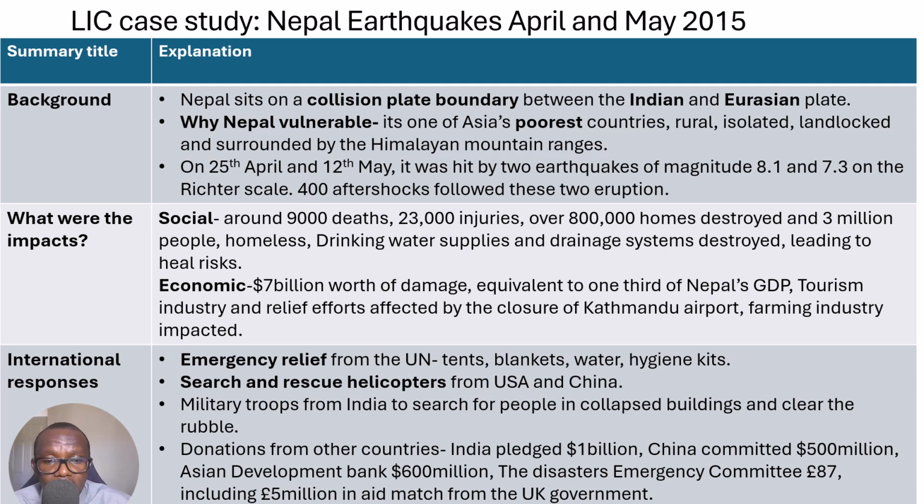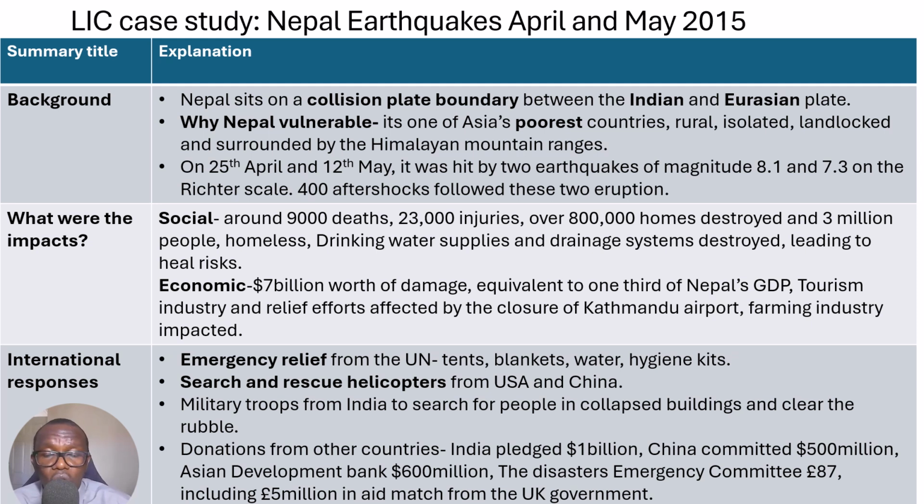And the other thing we'll look at is why Nepal is vulnerable. So Nepal is one of Asia's poorest countries. It's also quite rural and isolated. That means that if you would like to send information or warnings, for example, about a pending earthquake, then people might not receive the warnings, and therefore will be quite vulnerable.